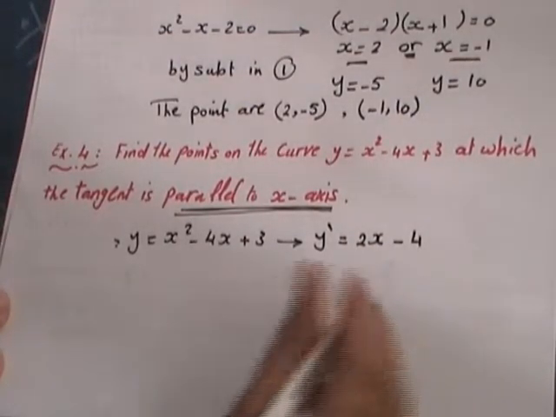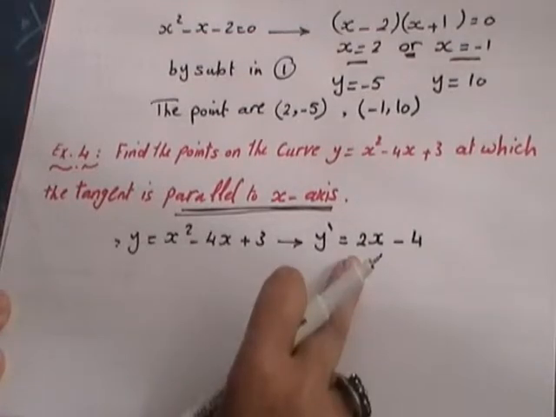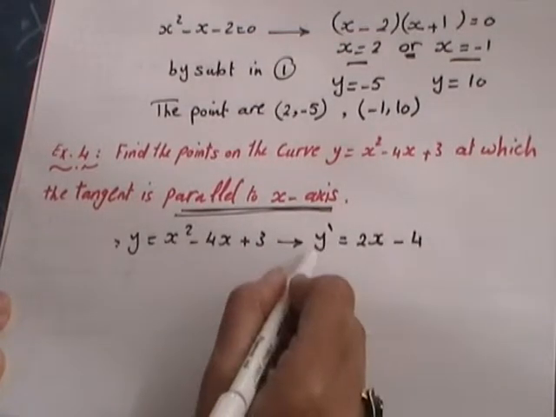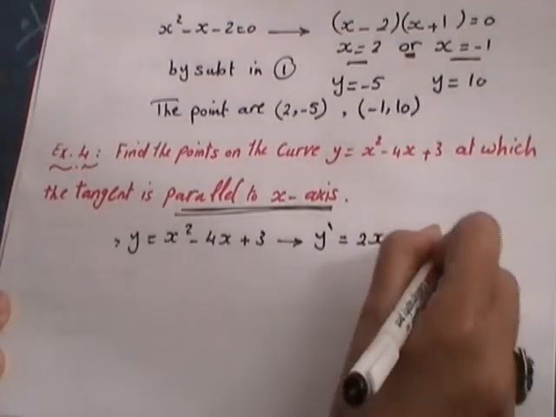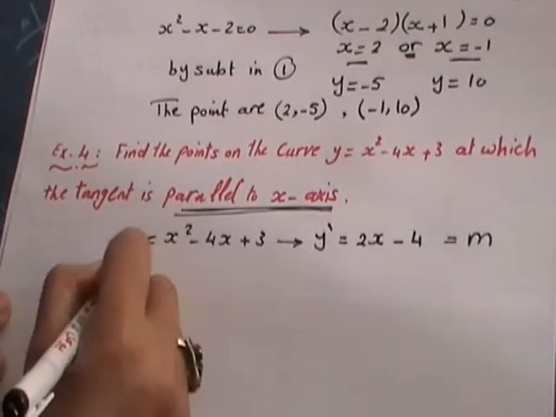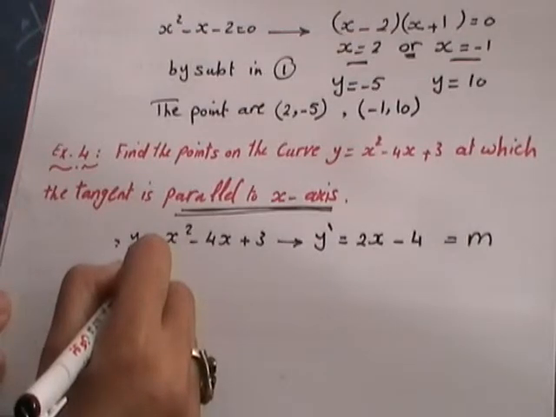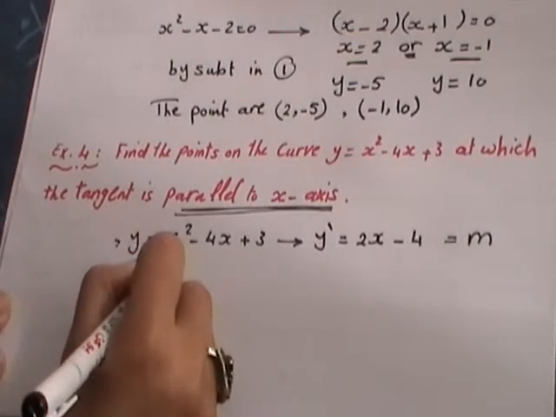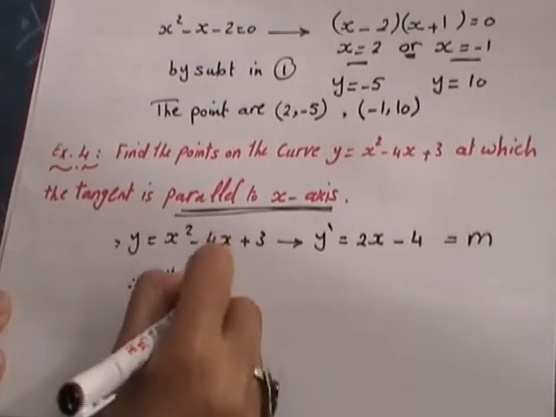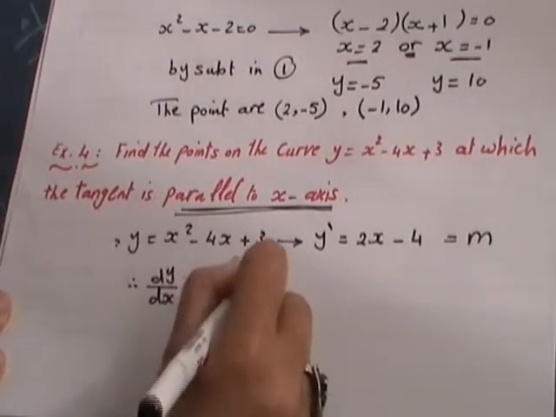Then, if I know that the tangent is parallel to the x-axis, it means that the slope will be equal to 0. What is the slope? The slope is y dash, equal to 2x minus 4. This is the slope, m. Therefore dy by dx, which is y dash, will be equal to 0.